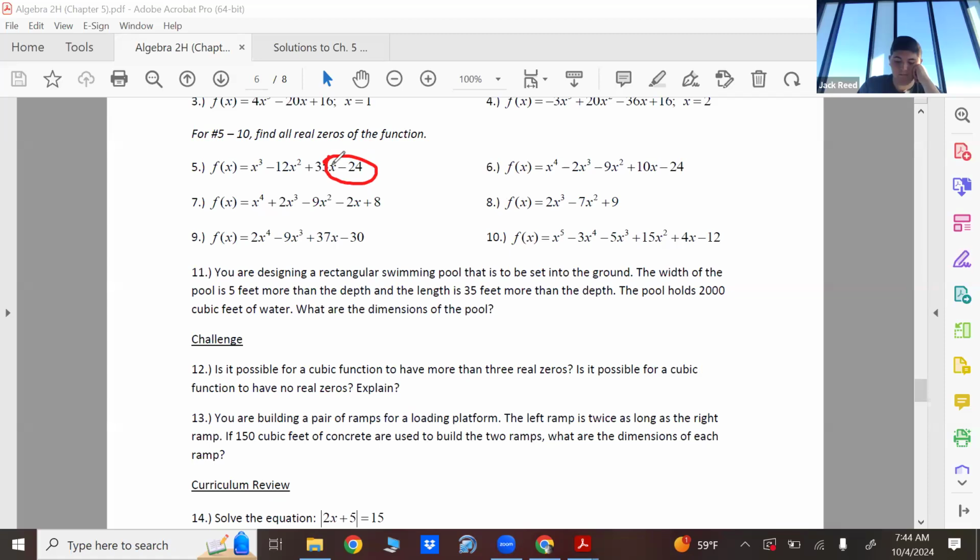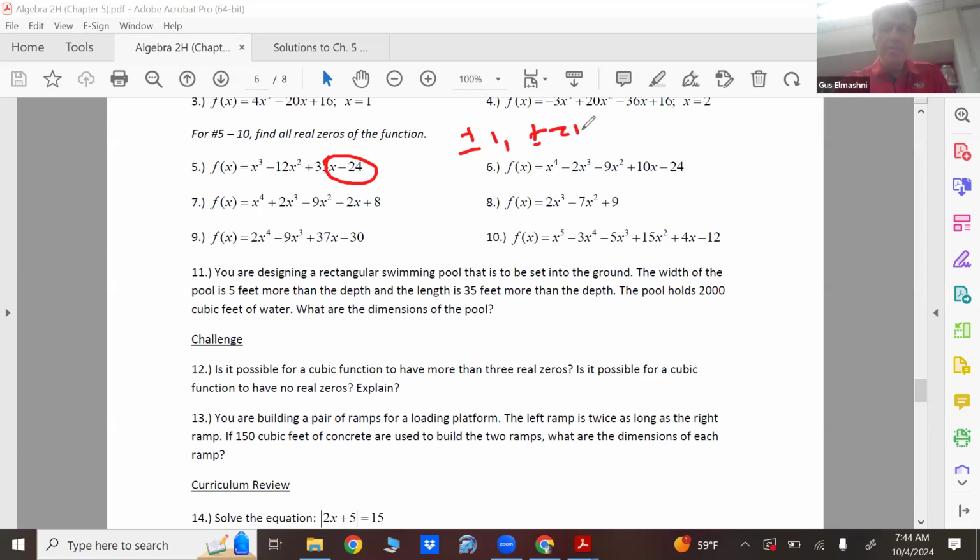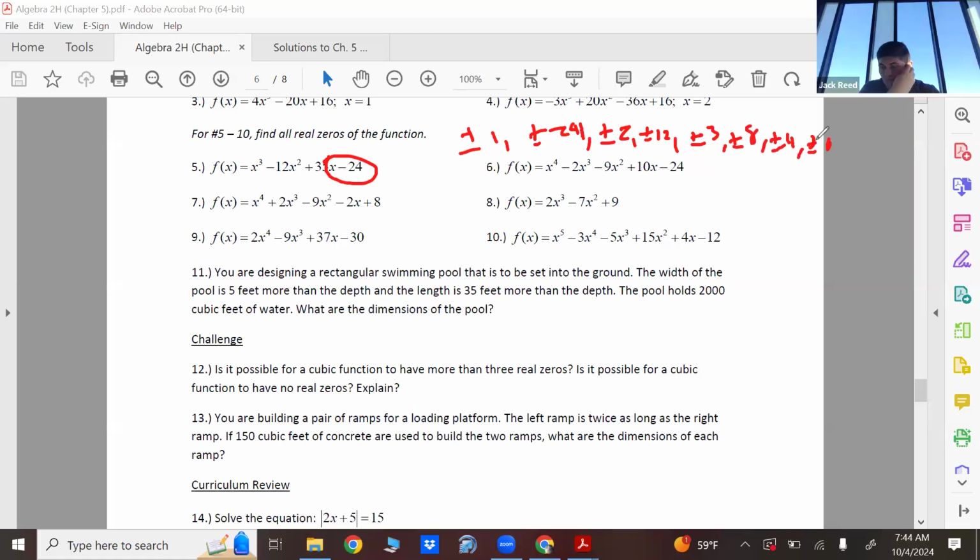Well, you could do plus 12, minus 2. Okay, good. So plus minus 1, plus minus 24, plus minus 2, plus minus 12, plus minus 3, plus minus 8, plus minus 4, plus minus 6, right? Okay, good.